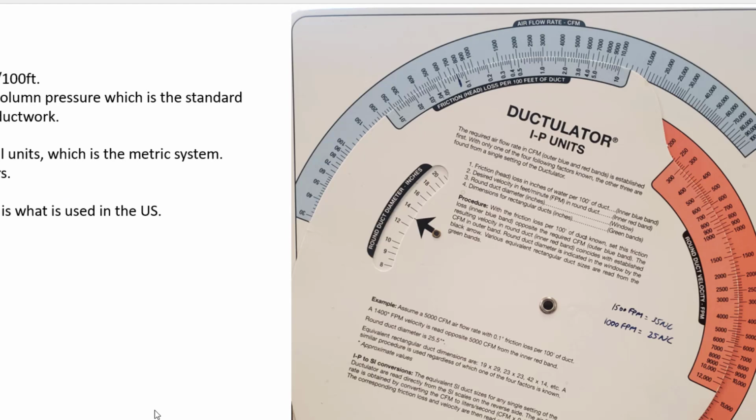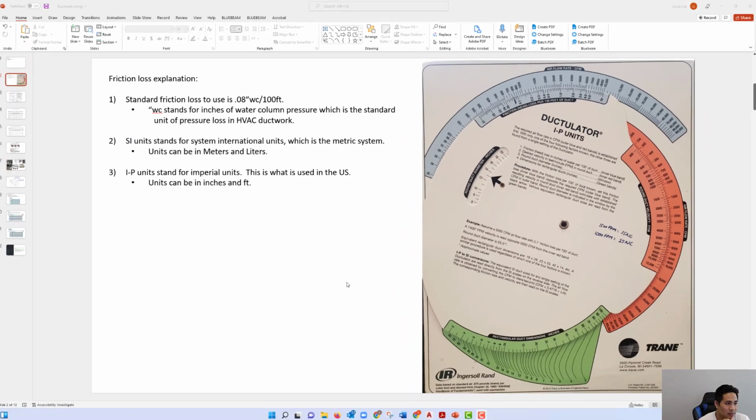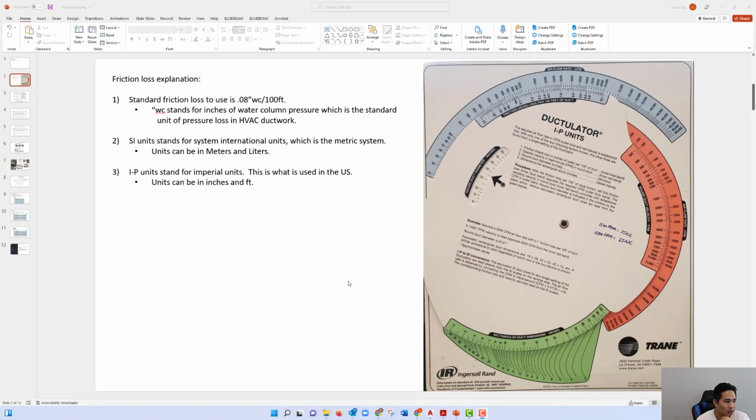Some companies may use a slightly different number, and depending on some HVAC systems, you may have to design it under a higher friction loss per 100 feet of length. But generally, the standard size that is used is the 0.08 inches of water column per 100 feet of duct.